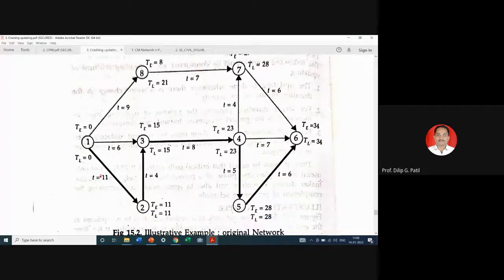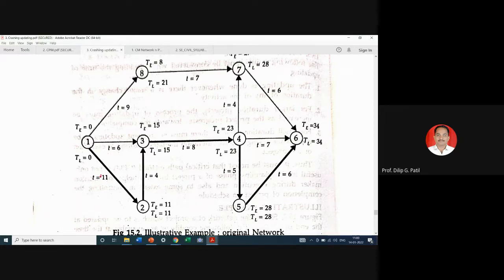So accordingly, you have marked project duration as 34, and now the schedule completion time is not given differently. So you can consider TL of last event as same as that of TE of last event, that is 34.